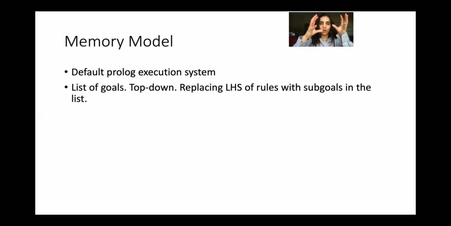It starts with the main goal and then goes to the left-hand side of the goal. It replaces the left-hand side of the goal in the list with the right-hand side of the goal. And then it goes down and expands the right-hand sides of the goal until it reaches the truth that the user is asking.